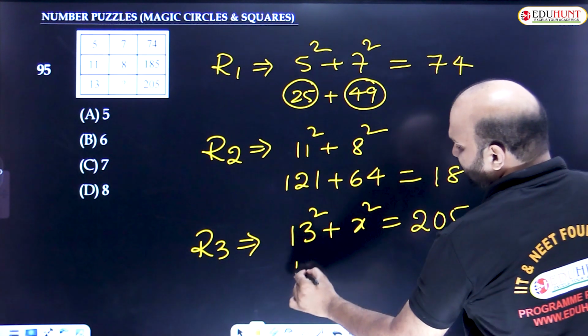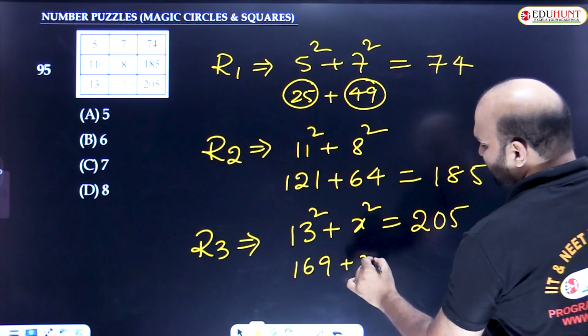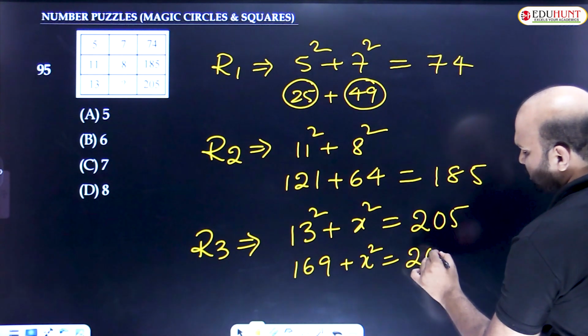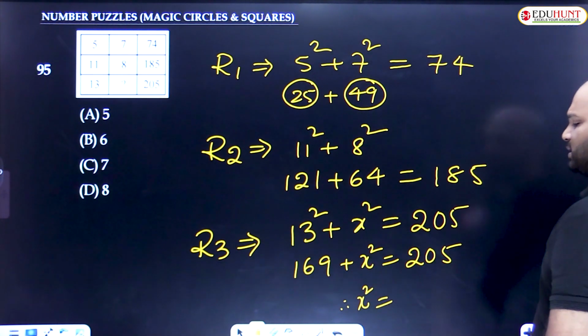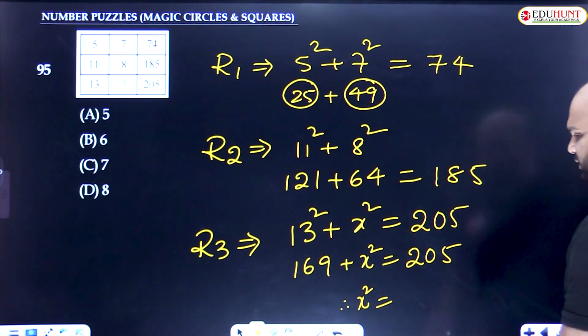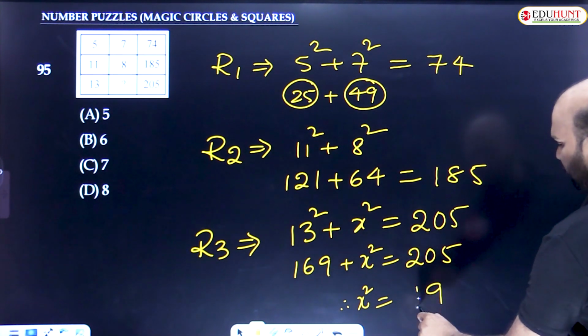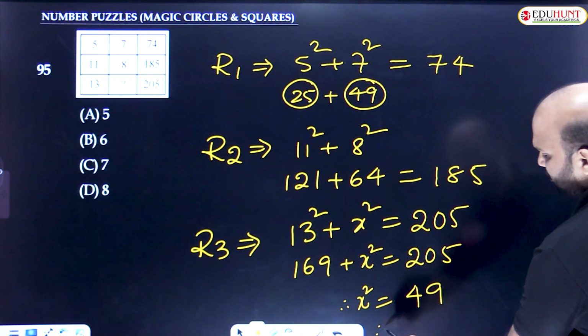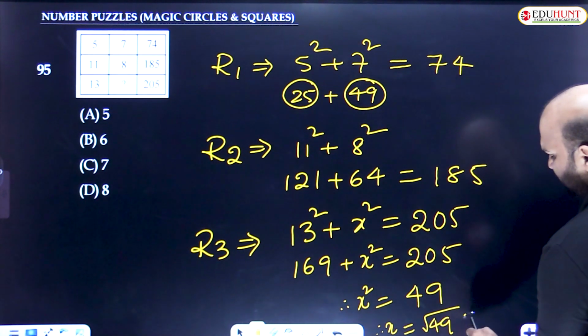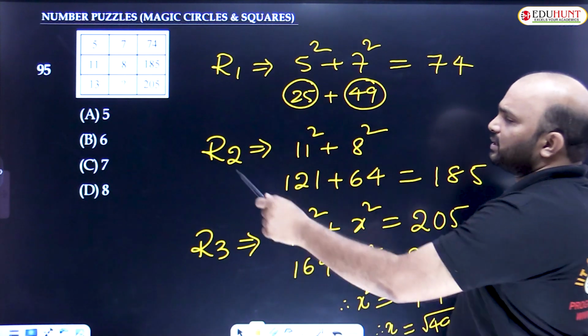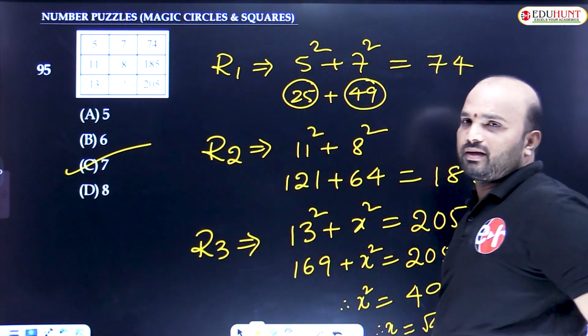So 13 square value 169 plus x square equals 205. Therefore x square equals 205 minus 169, which is 36.